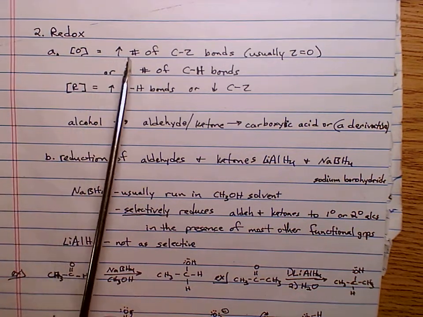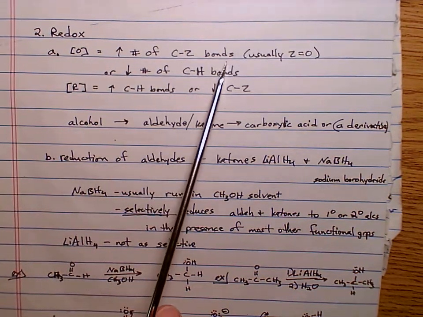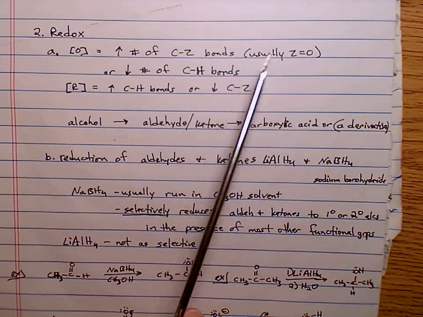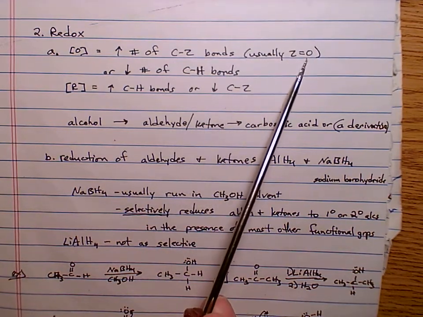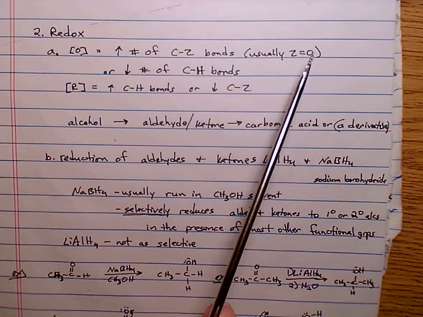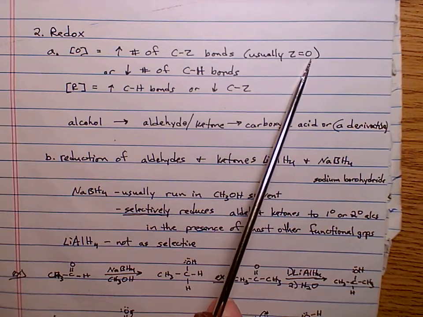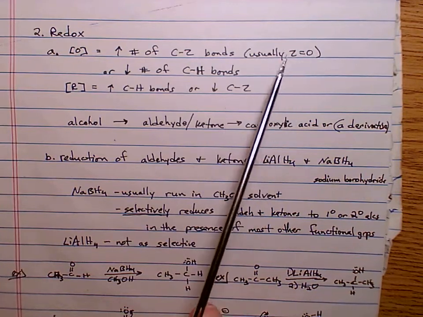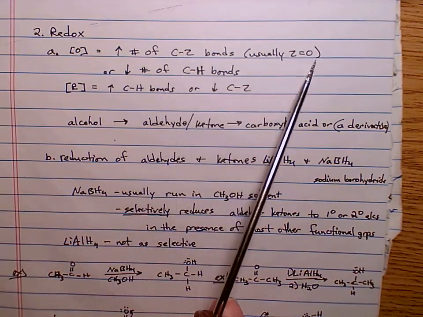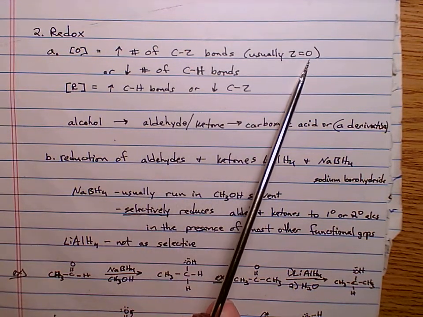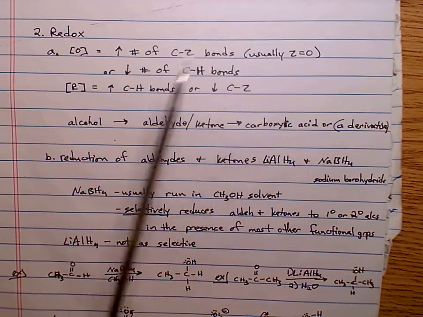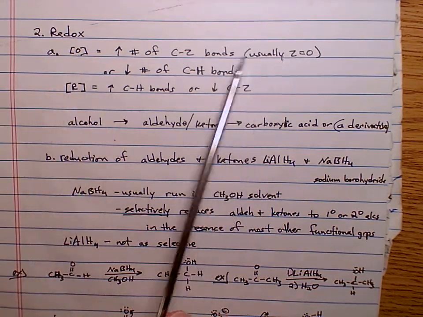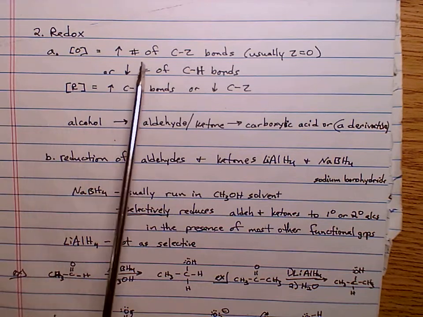Recall, oxidation increases the number of CZ bonds. Usually there's no Z on there to begin with, and we're going to put a Z on there, a more electronegative atom.